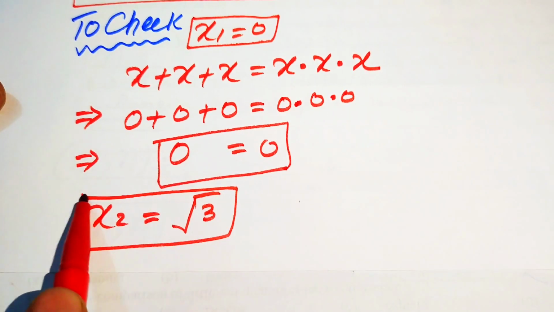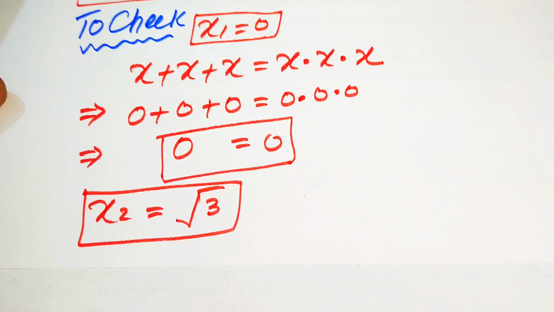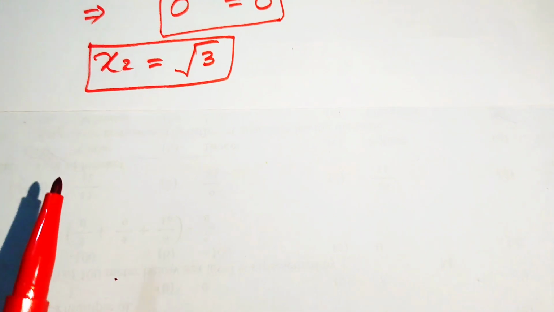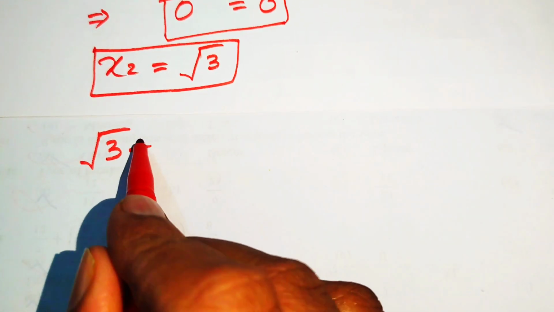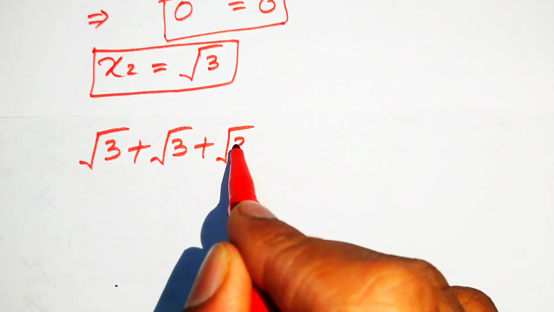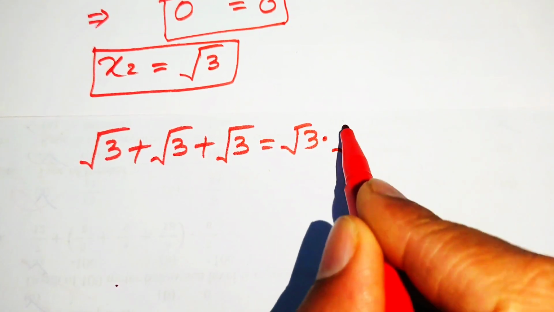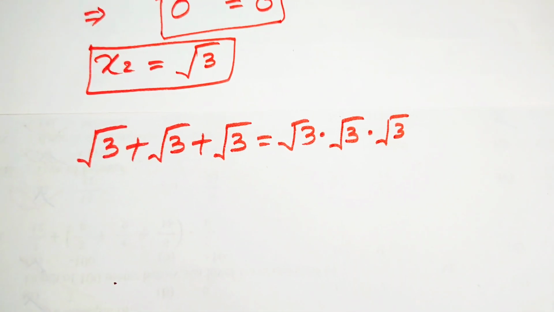This is our second root, and now we substitute this value of x on both sides of this equation. So when you substitute x2, the second root, it will be written as square root of 3 plus square root of 3 plus square root of 3 equals square root of 3 multiplied by square root of 3 multiplied by square root of 3.